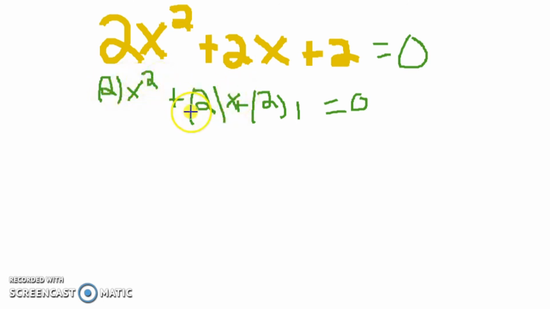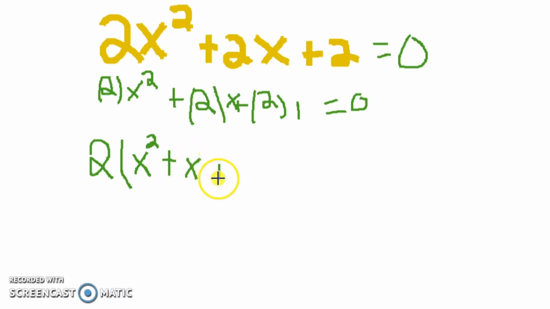So now what we do, since they're all multiplied by 2, our 2x squared, our 2x, and our 2, we pull the 2 out to the outside and multiply by everything that's left. So we're still multiplying x squared by 2. We're still multiplying x by 2. And we are still multiplying 1 by 2. And we're still all equal to 0.